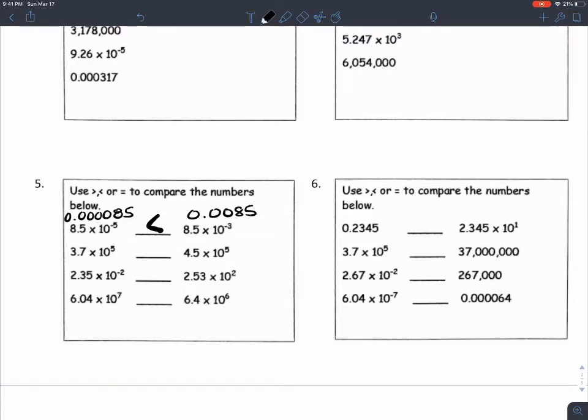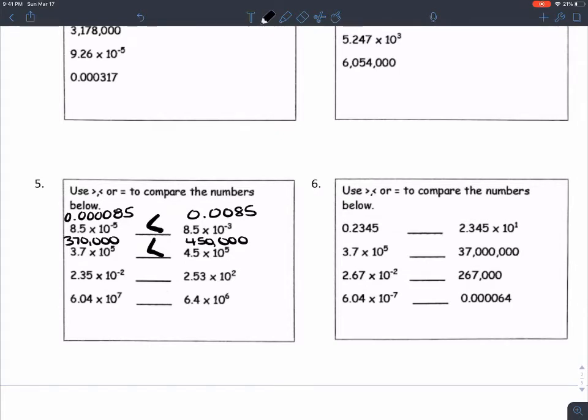My left number would be my number on the left. Similar for the second one, I would have 370,000 versus 450,000. So for this one as well, my right number is greater than my left number. So for my last two cards, that's what I'm going to go through.